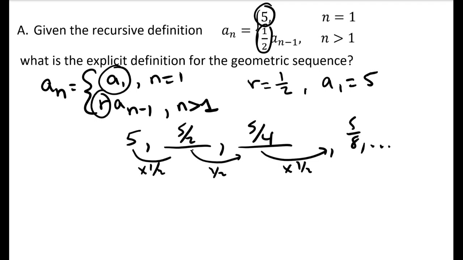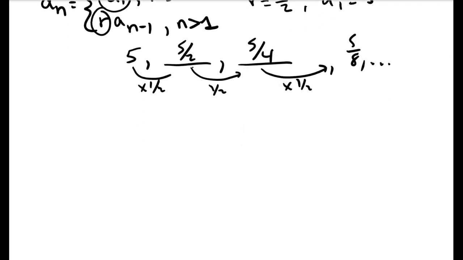So basically what we did is we kept taking 5, multiplying it by 1/2, 1/2, 1/2. I'm going to write this in another way. We're going to write this as 5, and then we multiplied that by 1/2.